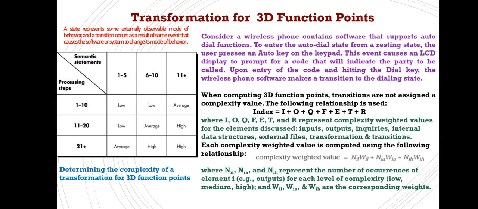It means whenever we are considering several states, a state is representing a mode that implements certain behavior, and the transition occurs as a result of some event that causes the software or a system to change its mode of behavior, that is represented as a state.